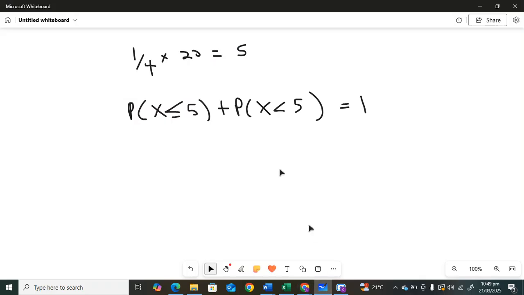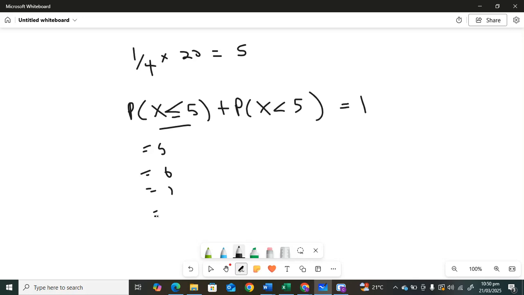So pay attention to this part. We want to find the probability that at least five students prefer working in the banking industry. When we say at least five students, it means you want the probability for five students, six, seven, eight, until you reach 20 students.